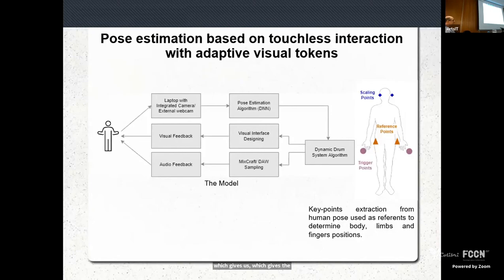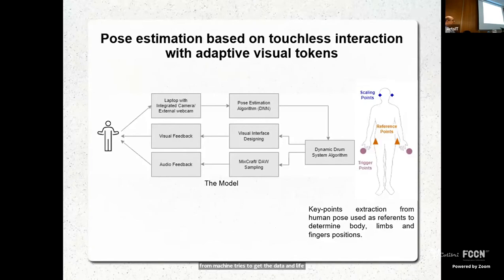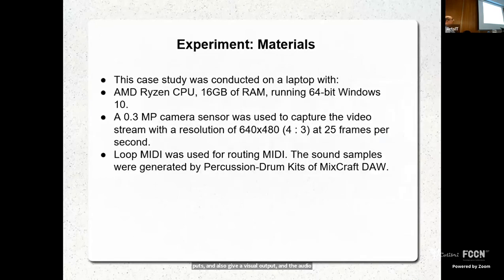The dynamic drum machine then gets the data and maps it according to the outputs, and also gives a visual output and audio feedback to the user so that he knows what is playing. This whole system can be run on any machine. You don't need a GPU, it runs on the CPU. So anybody can run it with just a laptop camera. It's very simple to learn.